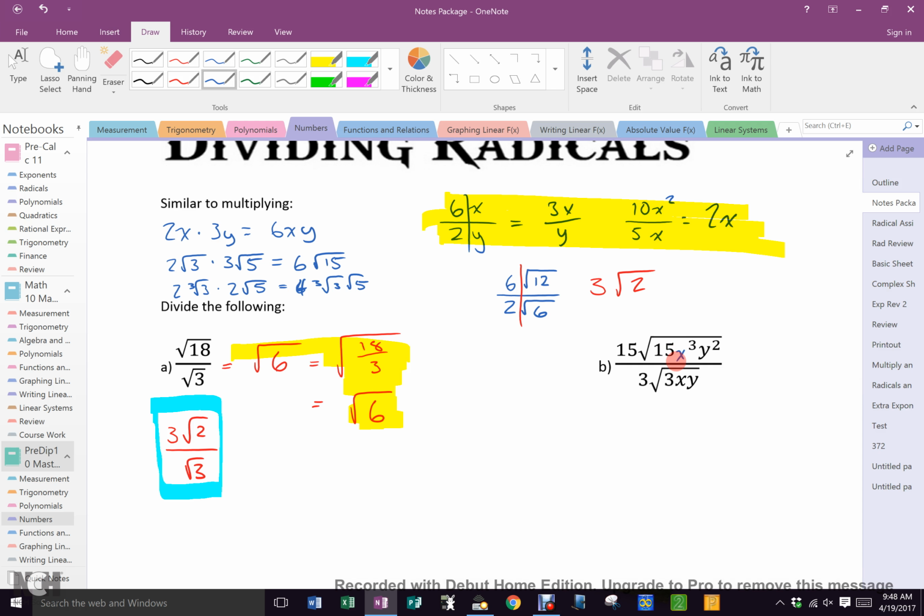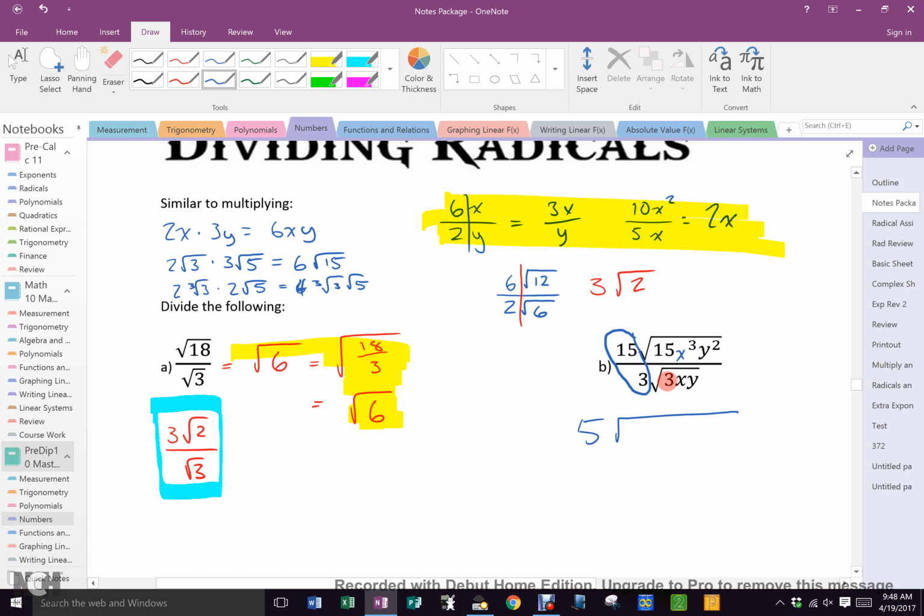All right, now you guys are smart kids. What's going to happen here? Divide, what is it? 5, excellent. Root, what's going to happen here? What did we do with 18 and 3?